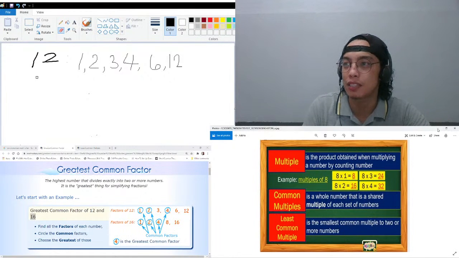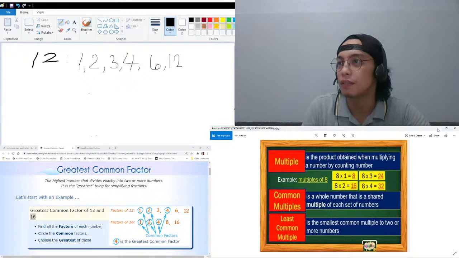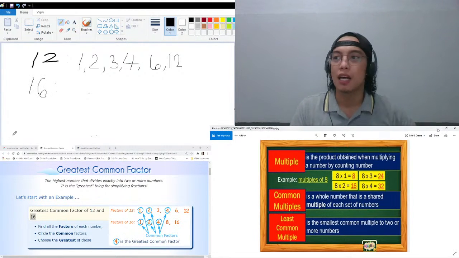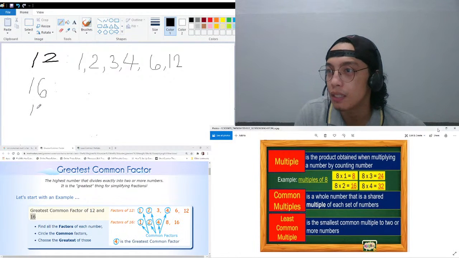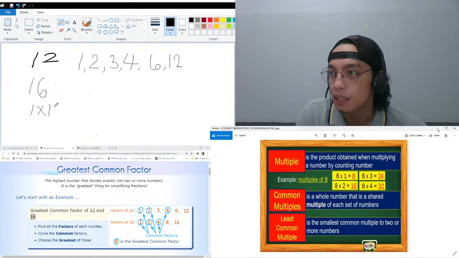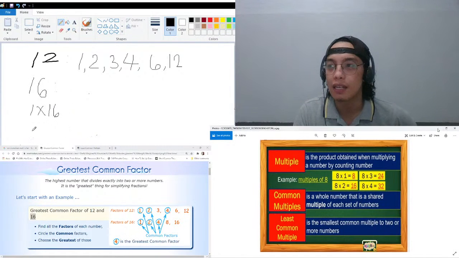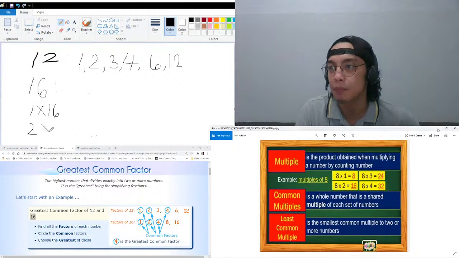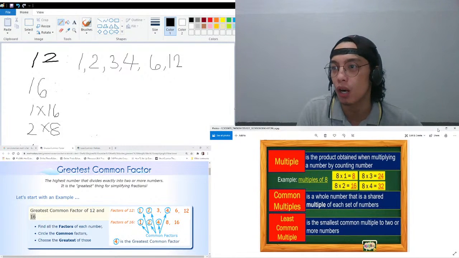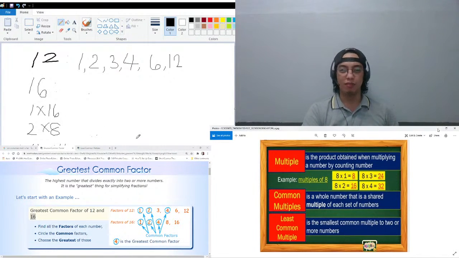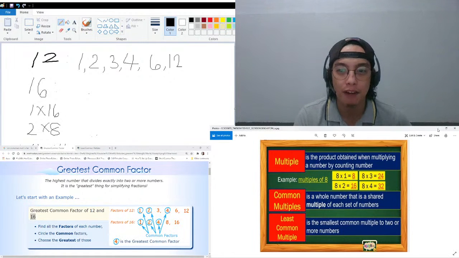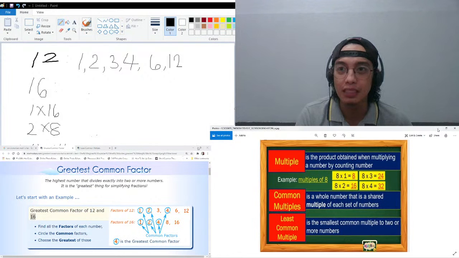Unsa may mga factors sa 16, no? 16. Ayan. Okay. So 1 and the number. So 1 times 16 is 16. And then naput tayo 2 times 8 is 16. And then asad tayo 4 times 4 is equal to 16. Murag wa na may lain, murag man dagini siya ang mga factors sa kuan sa 16.